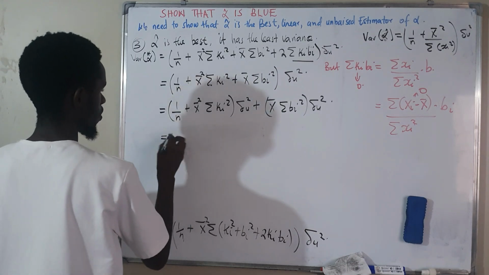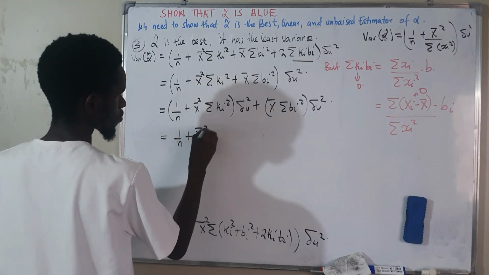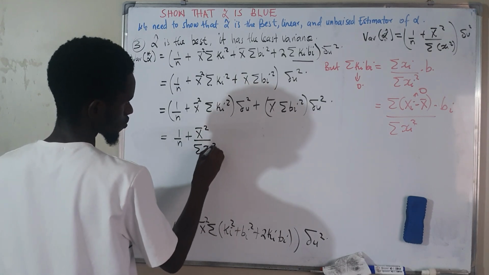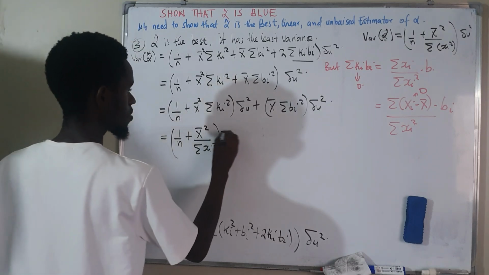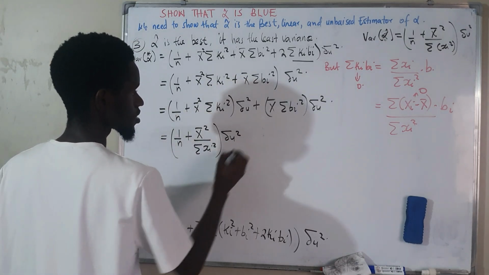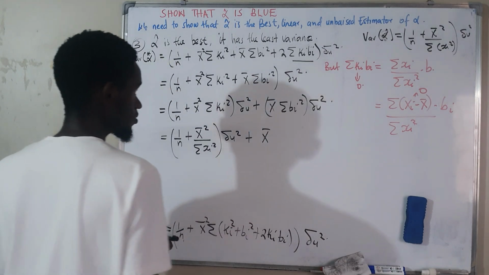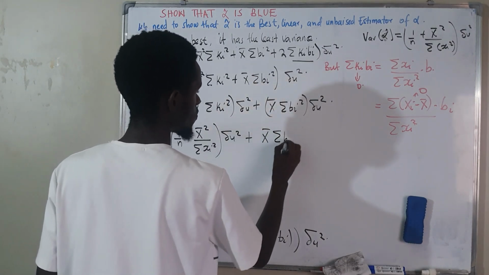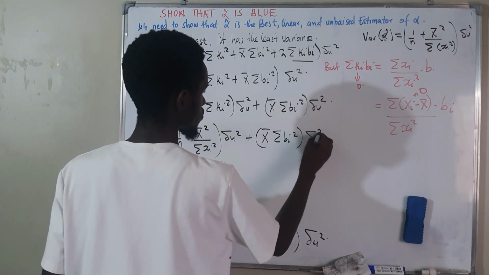Therefore, this is the same thing as having 1 over n, plus x bar squared over the summation of xi squared, sigma u squared, now plus x bar, the summation of bi squared sigma u squared.